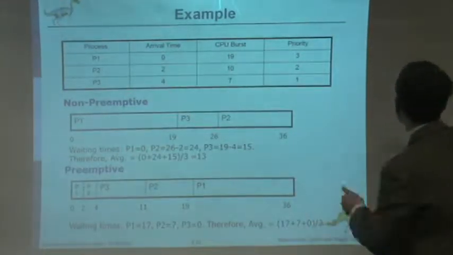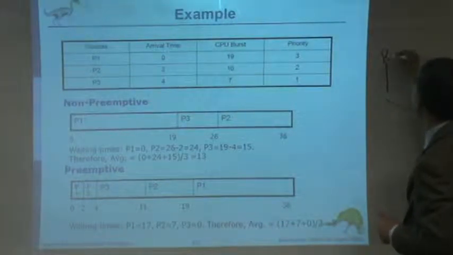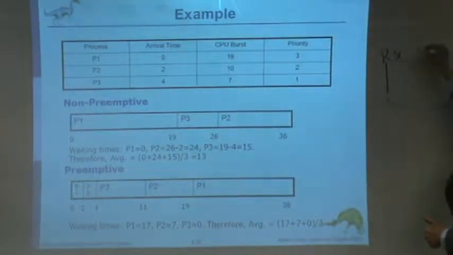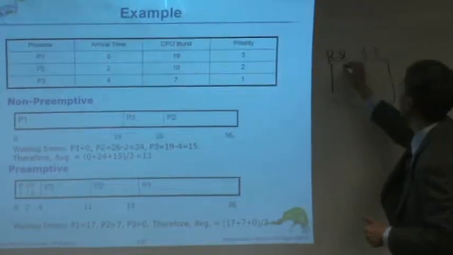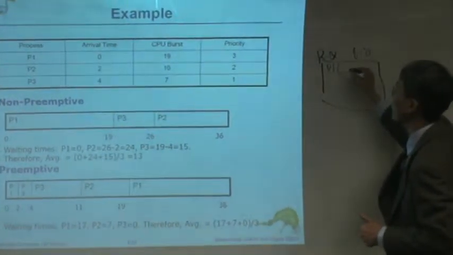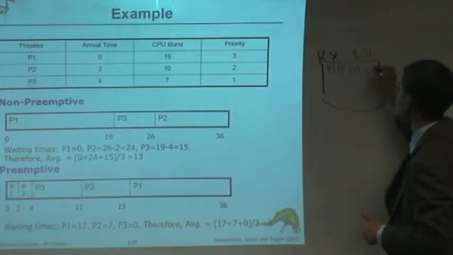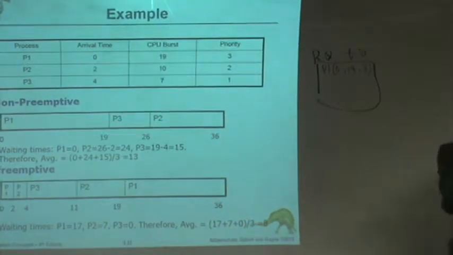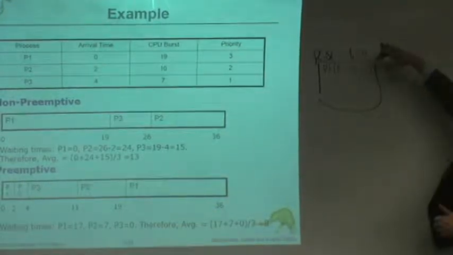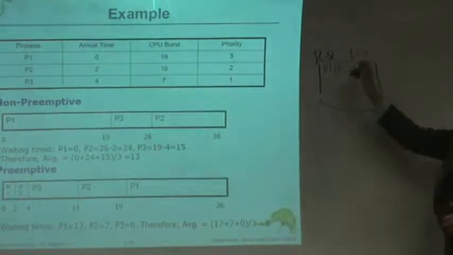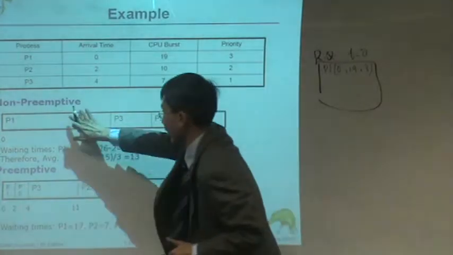So I have my own ready queue. At time 0, P1 is alive, with its arrival time, CPU burst time, and priority 3. Your CPU scheduler will select one of them based on priority. This is the only one, so select it.